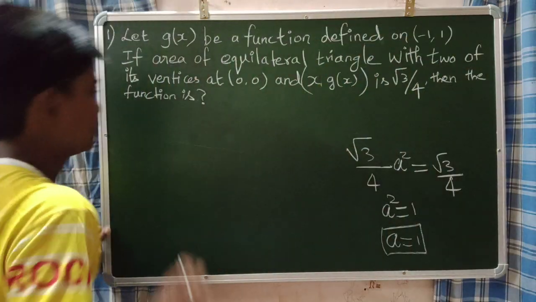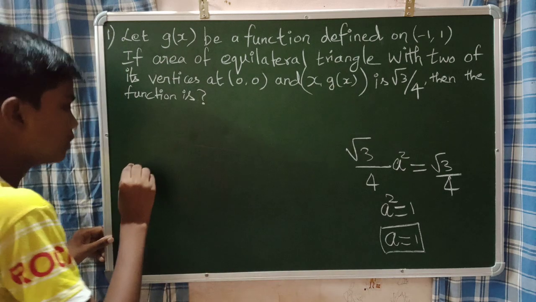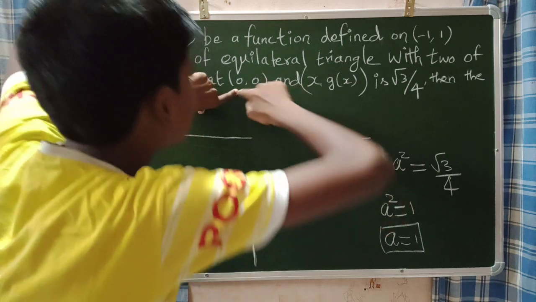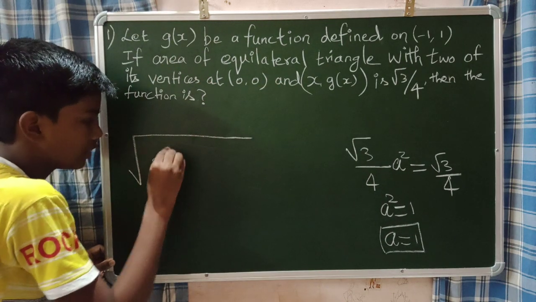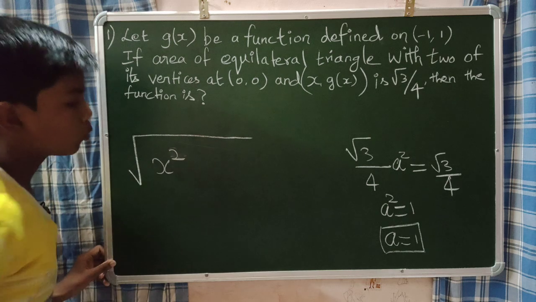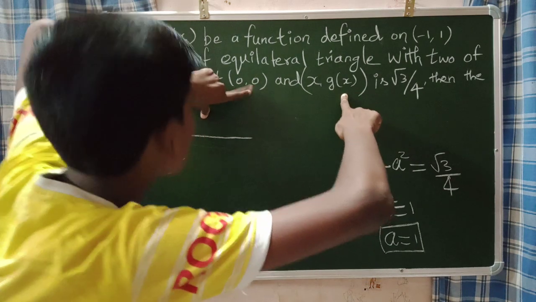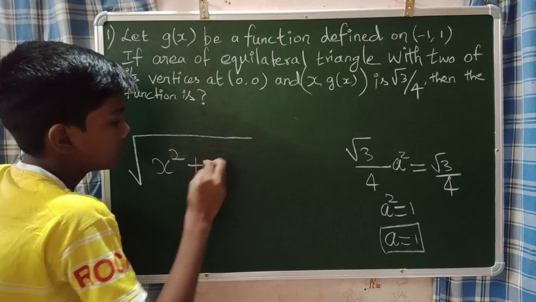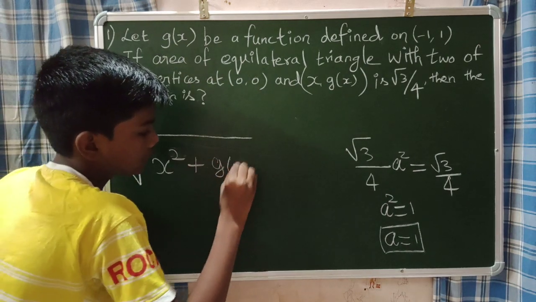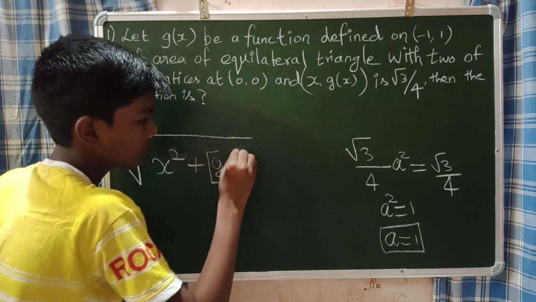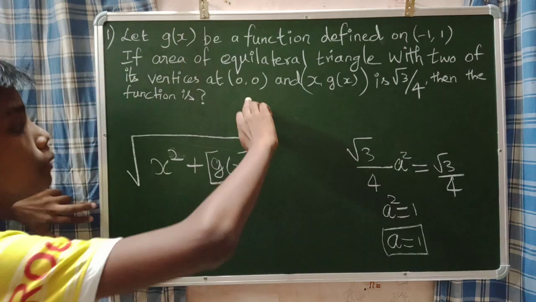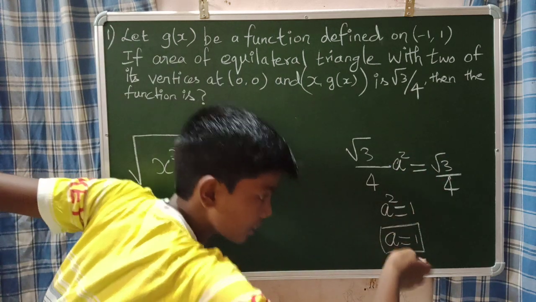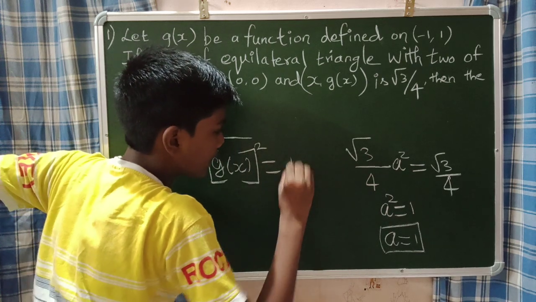Using that formula, the distance between these 2 points will be root of x minus 0 whole square, that is x square, plus g of x minus 0 whole square, that is g of x whole square. This represents the distance between these 2 points. Now we know that distance is a only. We can write that a as 1 unit.